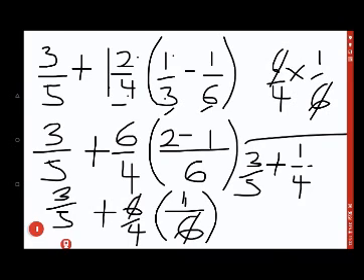Okay, so let's solve that one. So we're left with 3 over 5 plus 1 over 4. And you know for addition and subtraction, your first step is find the LCM. The least common multiple, that's the LCM for 5 and 4, is 20. Now 5 goes into 20 how many times? That is 4 times. 4 times the numerator, that is times 3, is 12.